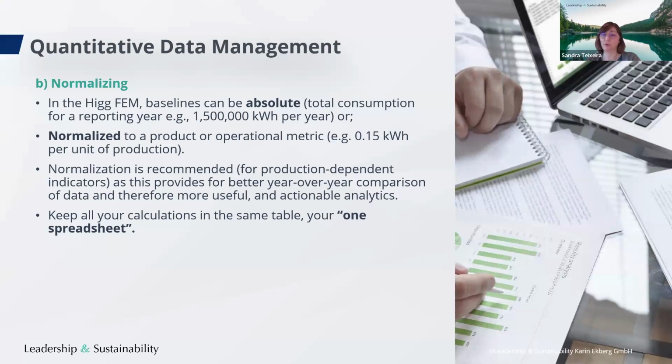So you will have in this way a normalized baseline. Normalization in this case is recommended for production-dependent indicators, as this provides a better year-over-year comparison of the data and is therefore more useful and actionable for analytics.